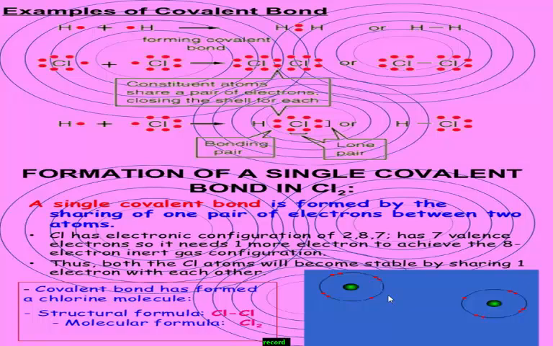Hydrogen and chlorine form HCl, and between H and Cl it also contains a single covalent bond. Now we observe the formation of a single covalent bond in Cl2, how it is formed between two chlorine atoms. Students, remember, a single covalent bond is formed by the sharing of only one pair of electrons between two atoms.